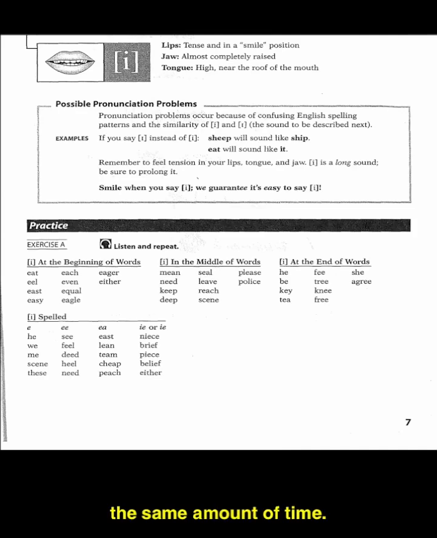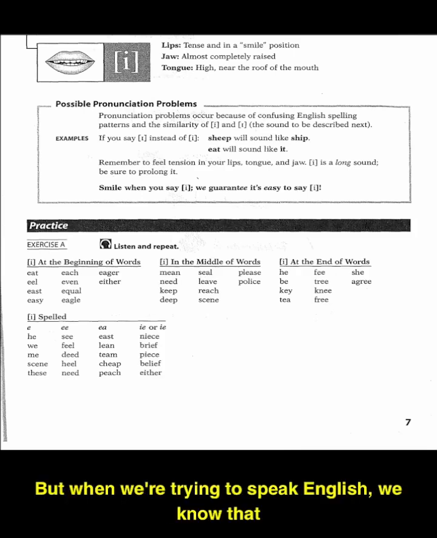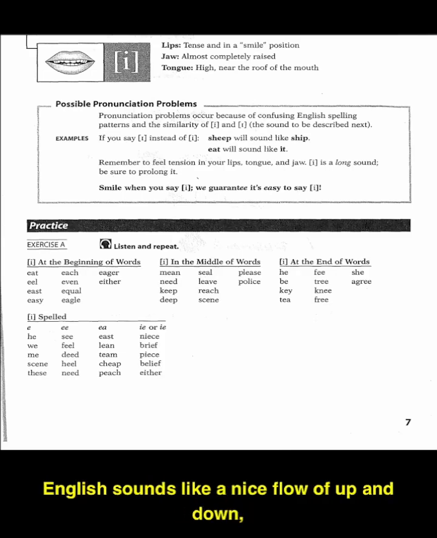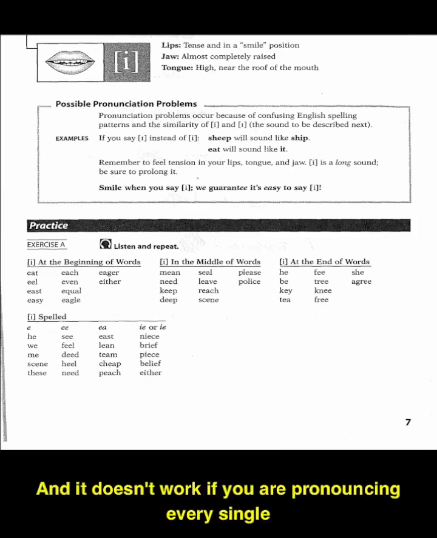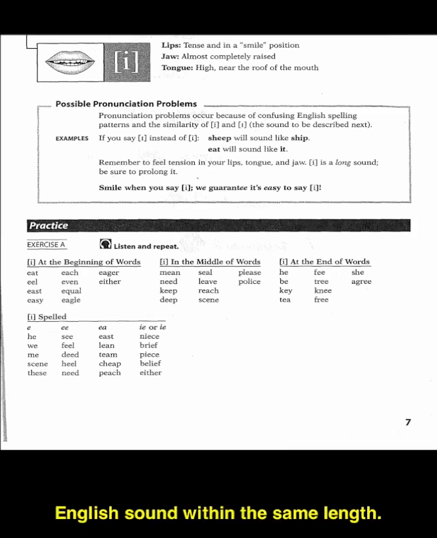In the Chinese language, every character pretty much takes up the same amount of time. So that's why it sounds like it has a very particular rhythm. But when we're trying to speak English, we know that English sounds like a nice flow of up and down, fast and slow, that sort of thing. And it doesn't work if you are pronouncing every single English sound within the same length.